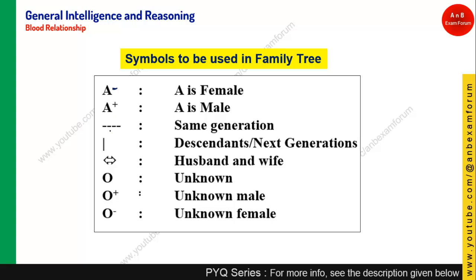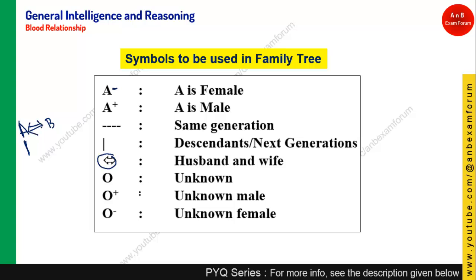If they are of the same generation, like if I make A dash B, it means they are of the same generation. Either they are husband and wife, for which there is a different symbol, or if they are sisters or cousins, then it will be made like this. For the next generation you need a vertical line. For husband and wife, a different symbol is used on the same generation.